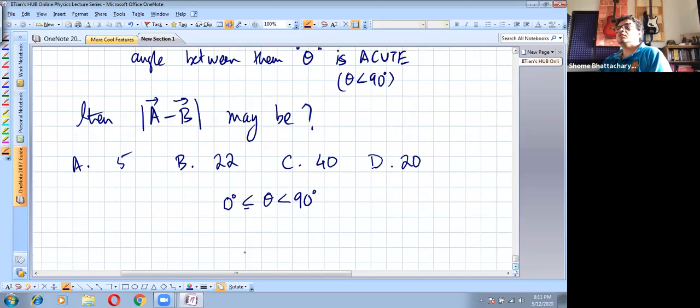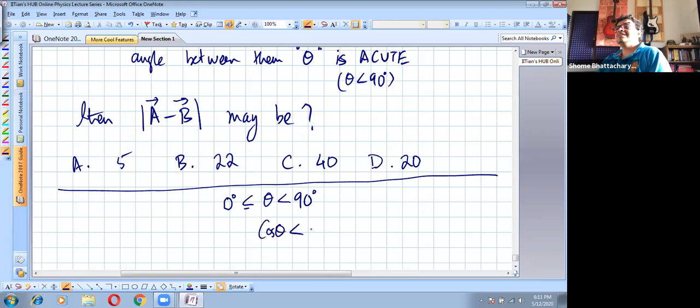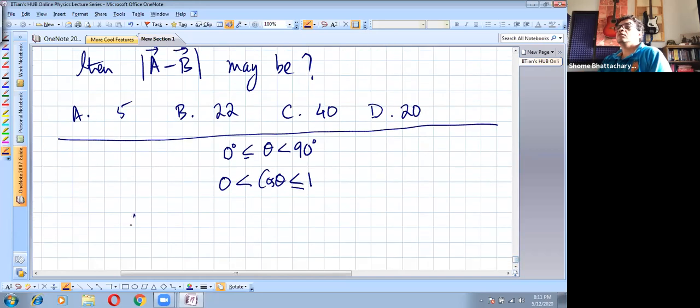So that means cos theta is greater than 0 but less than or equal to 1. So that means mod of A minus B, by formula, is root of A square plus B square minus 2AB cos theta.